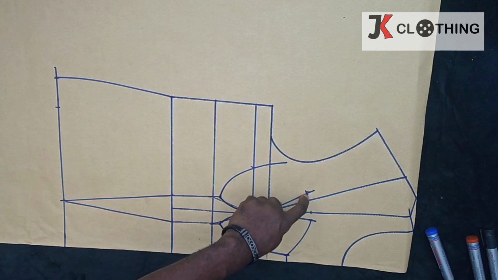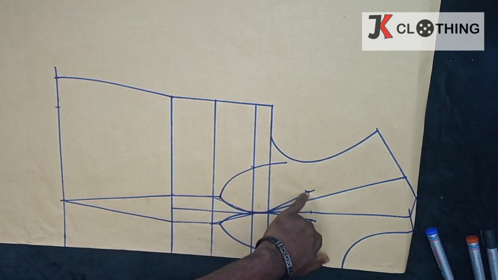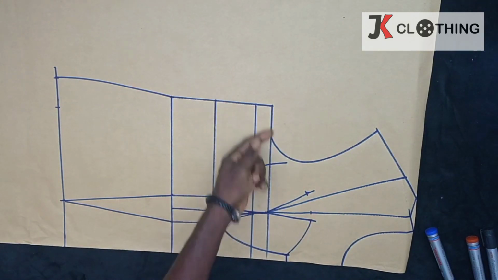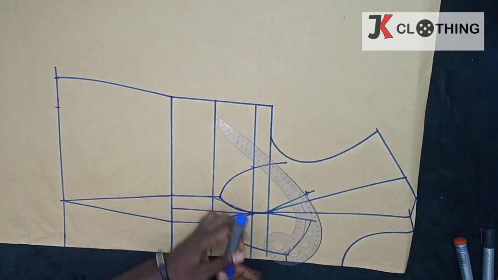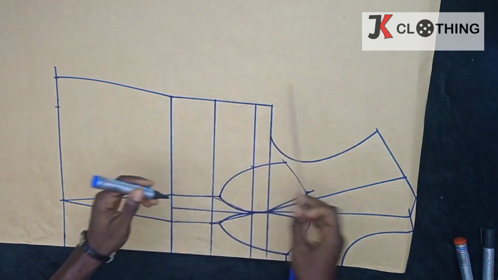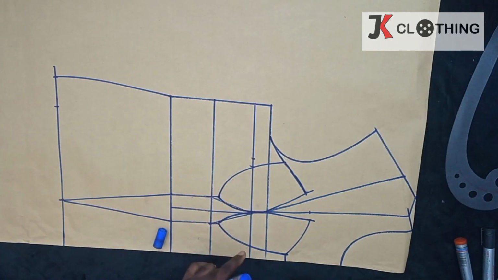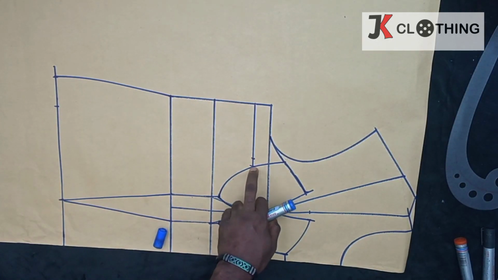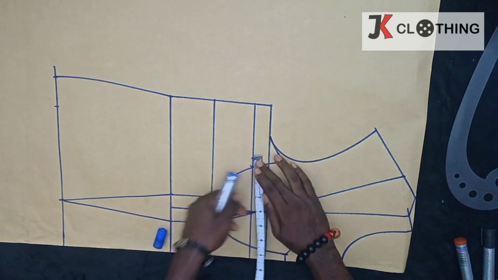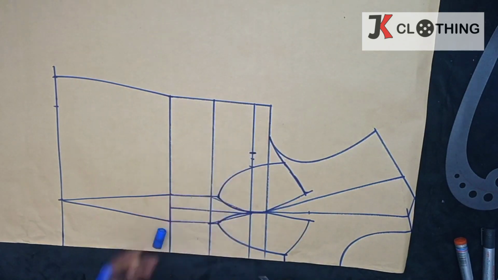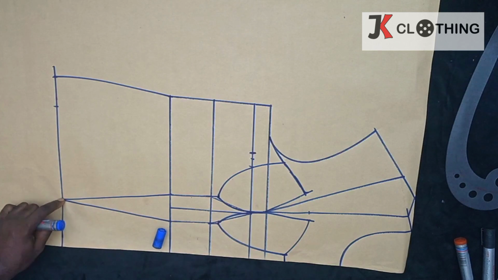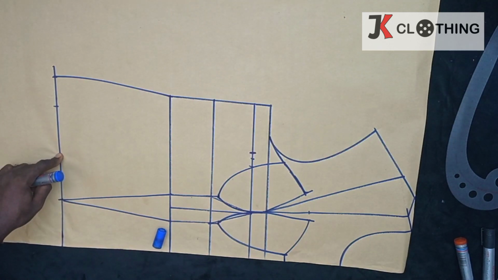We are going to draw an S-like shape from the point here all the way into our armhole. I'll mark 1 inch from this very point towards the side seam. And then mark 2 inches at the hip line here.